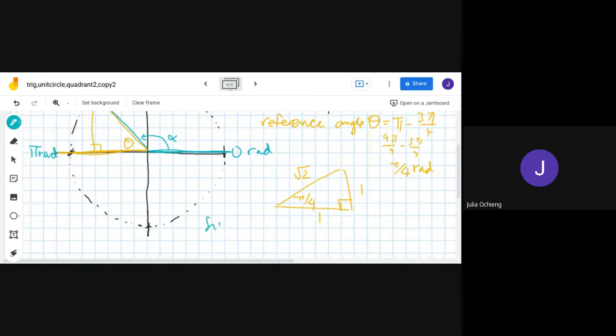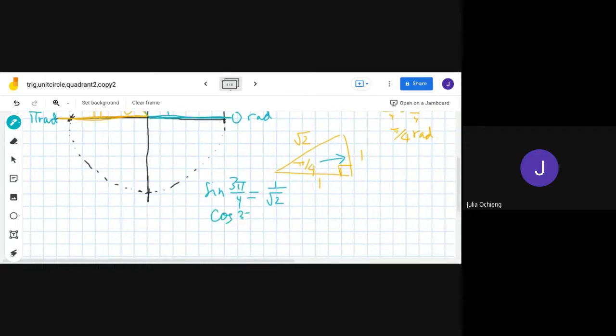So the sine of 3 pi over 4 radians is equal to the same thing as the sine of pi over 4. So that's going to be opposite over hypotenuse. And sine is positive in the second quadrant. Cosine of 3 pi over 4 is equal to adjacent over hypotenuse, which is also 1 over root 2.